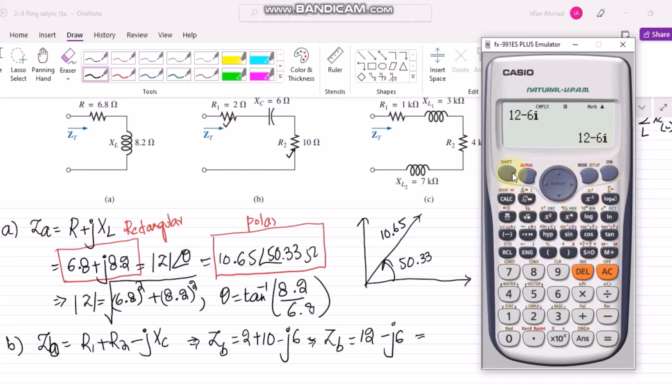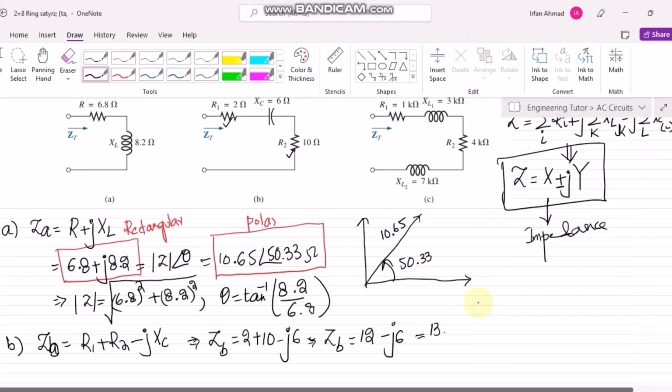Again, in order to calculate the values in the polar form, let me press shift here, then this 2 here. So, here I have to convert it into the polar form. So, pressing 3 here, it will basically convert it into the polar form. I can also do it like this. So, that is 13.4, and angle is minus 26.5.